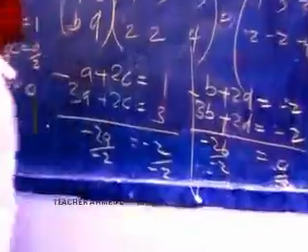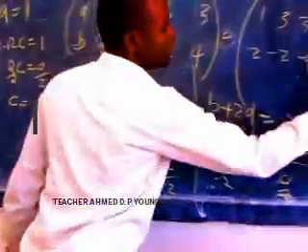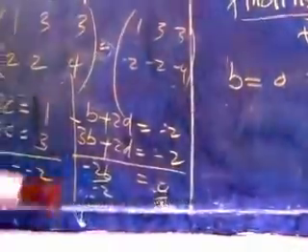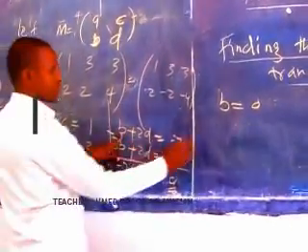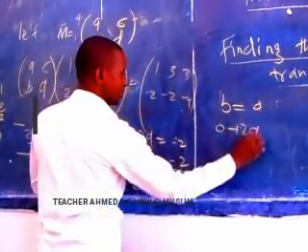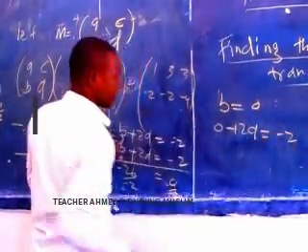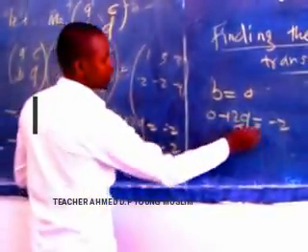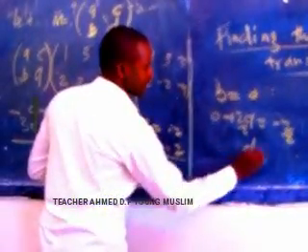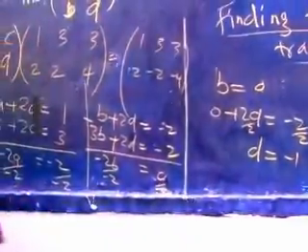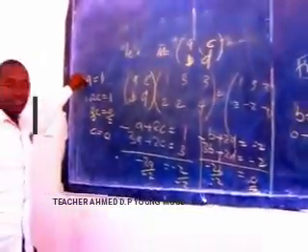If B is 0, then 0 plus 2D is equal to negative 2. Dividing by 2, D is equal to negative 1. Therefore, I have the values of A, B, C and D.